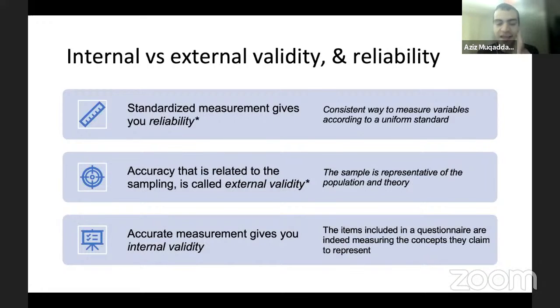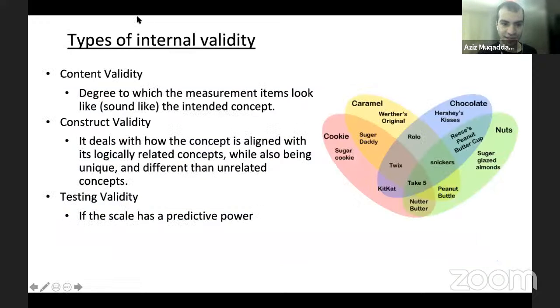So hence, it's a consistent way to compare your answers, right? That's reliability. Accuracy, external validity is when the sample could be representative of the population. And when you give accurate measurement, that's internal validity. Whatever is in the questionnaire should reflect whatever is in reality. And we're going to talk more about internal validity today.